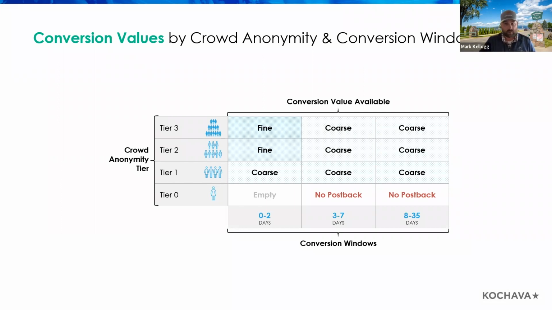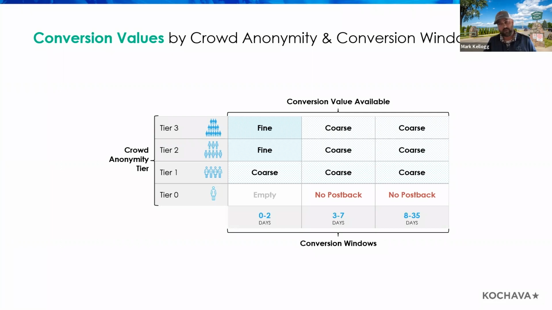And then the coarse conversion value updates, which again, Kochava will release support for in H1 next year. And we will keep you posted, as Hamilton mentioned, on those releases. But you'll get the benefit of the coarse conversion values in the postback as those updates are released from us.